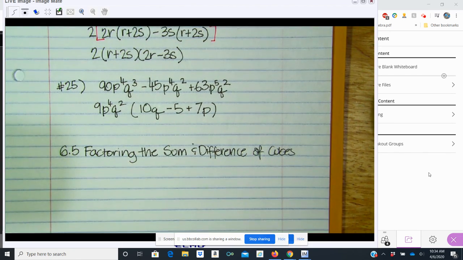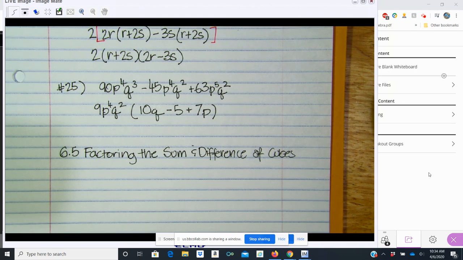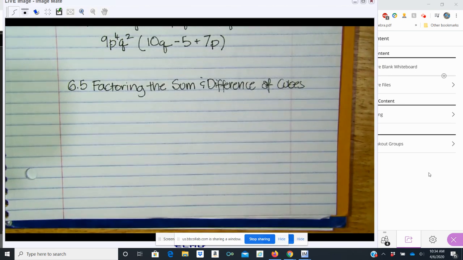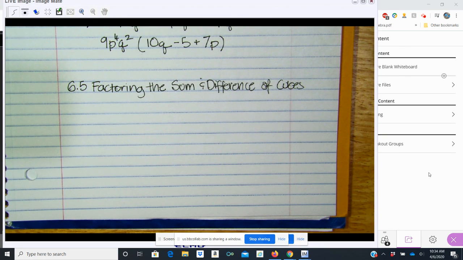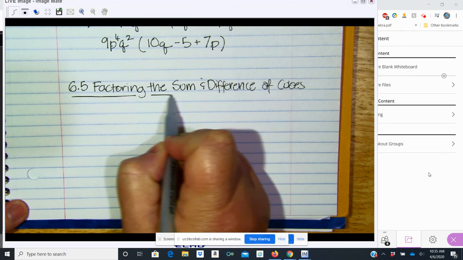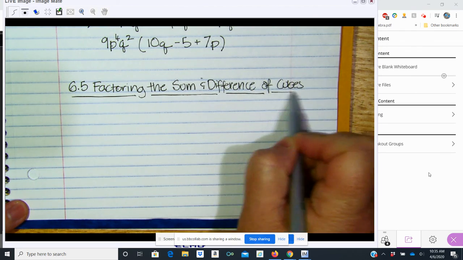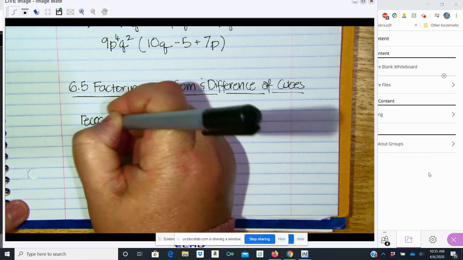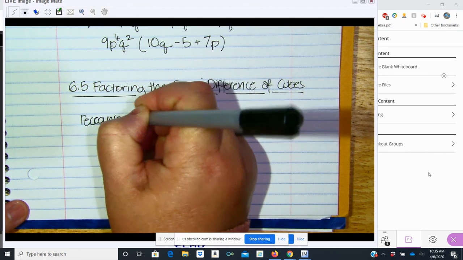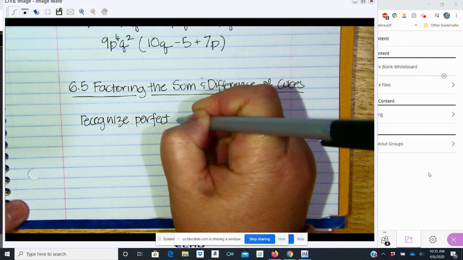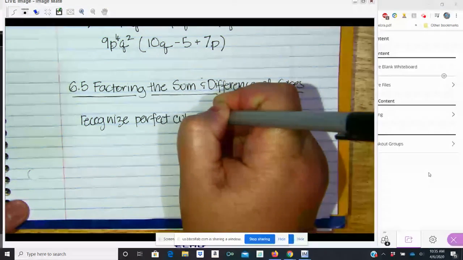Okay. So in order to be able to work in this section, you have to be able to recognize perfect cubes. So let's talk about what some of those are right now.